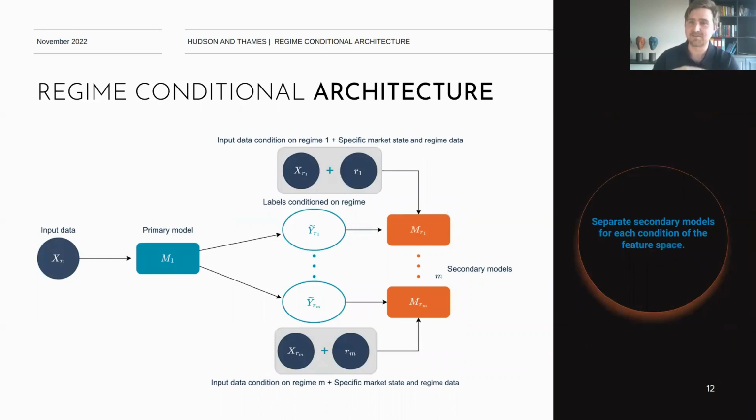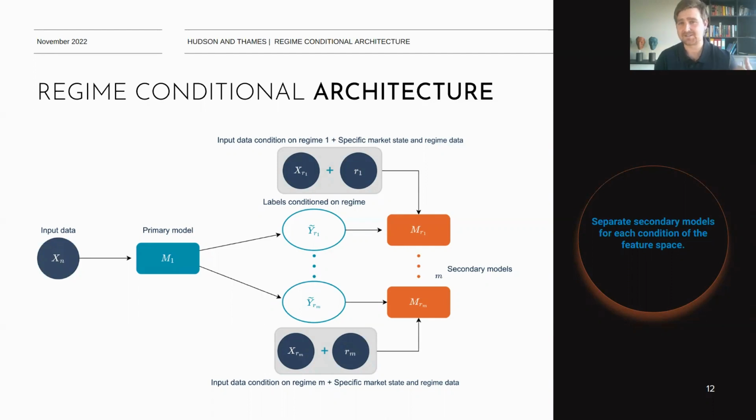So this one, I think personally, is the most promising one. It's called regime conditional architecture, or the broader one is basically just a conditional architecture. So the idea is, if you have, for example, a short volatility strategy, then during normal market conditions, you would likely be profitable.